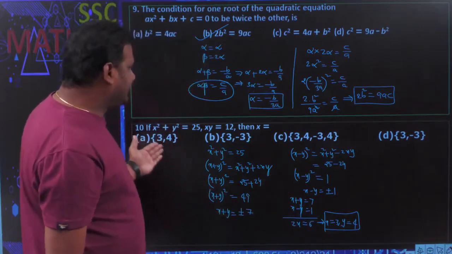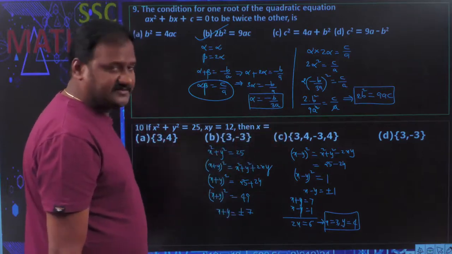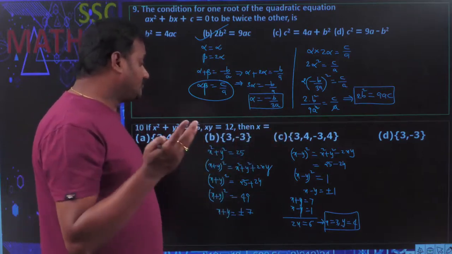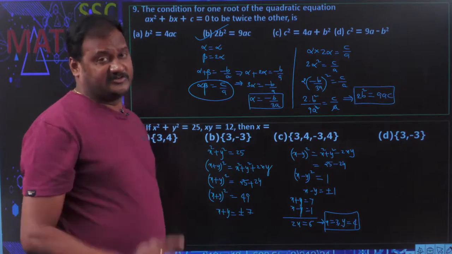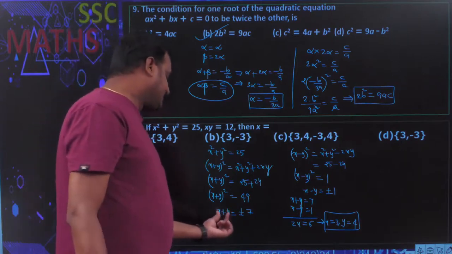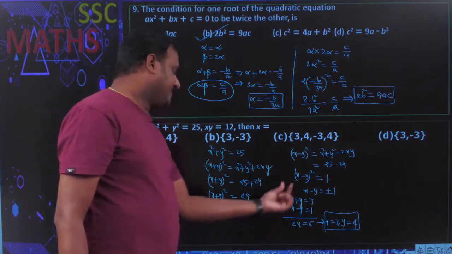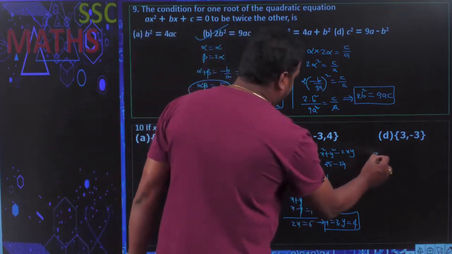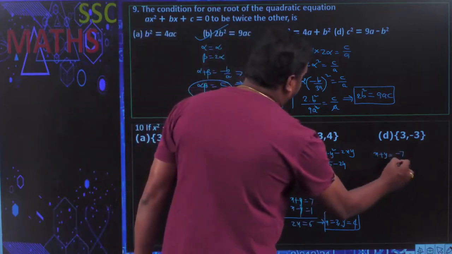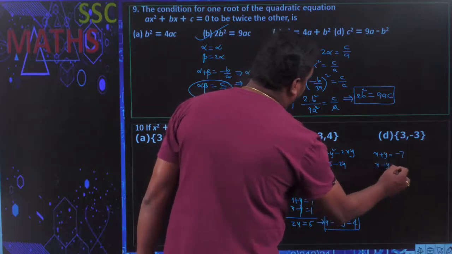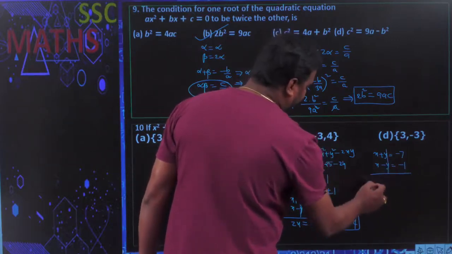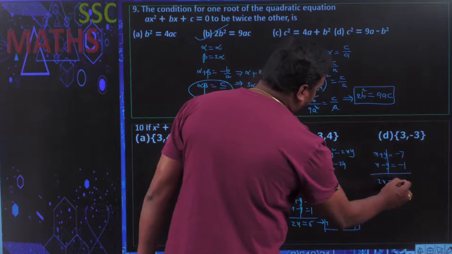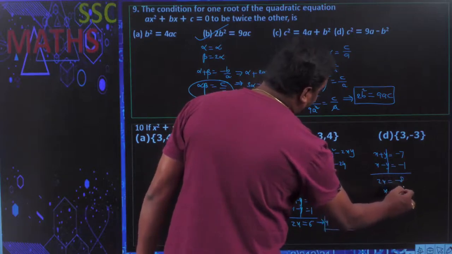And then of course 3 is there in almost all the options. Then you will have to choose; there are 3 more options. What are the 3 more options? x plus y is equal to minus 7, x minus y is equal to minus 1. Okay? x plus y is equal to minus 7 and x minus y is equal to minus 1. Again when you add them, 2x is equal to minus 8, x is equal to minus 4.